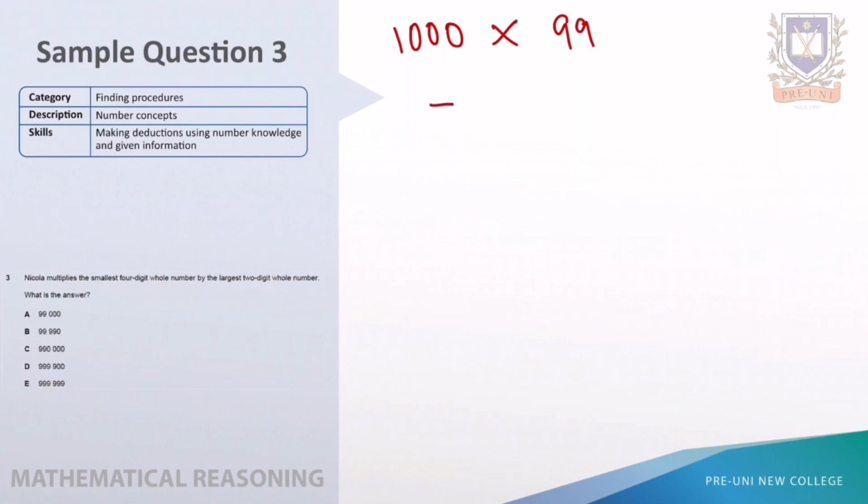So when we multiply both of these numbers, we get 99,000. And thus, we have A as the answer. So these type of wordy questions where you convert the given information to create mathematical operations has also been seen in Pre-Uni's STTC maths, and so students have come across these types of questions before.